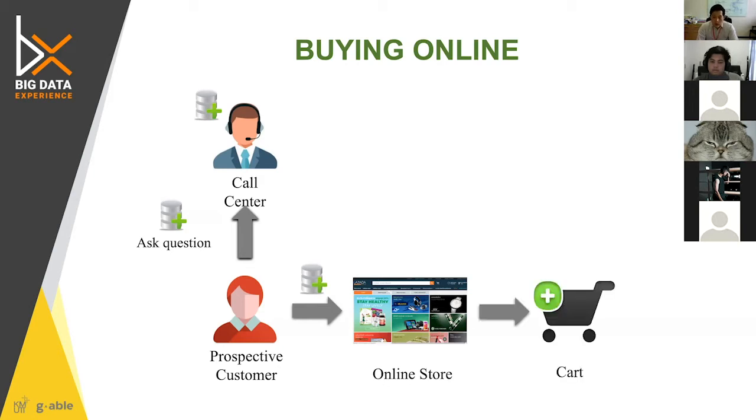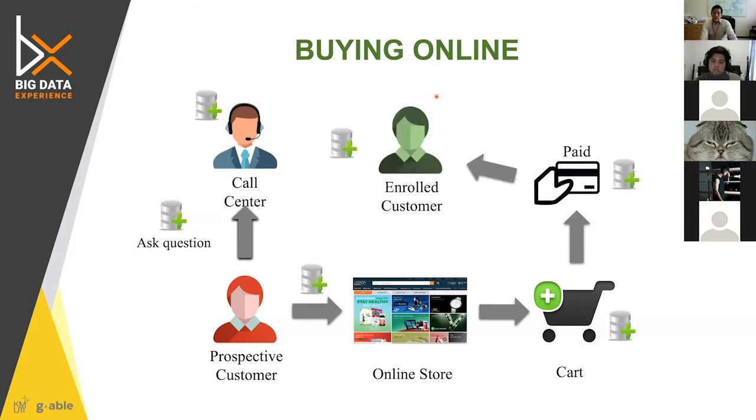And then once the customer is interested in that and clicks add to cart, you have the product go to the cart. And that data will also often be in the form of a database or in the form of a cookie in your computer. And then you pay for the service, and then you got enrolled and become the customer and use it.